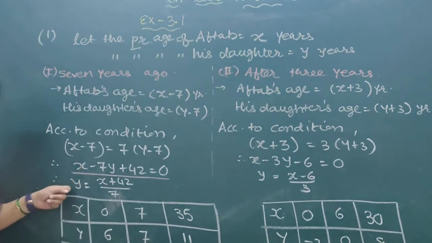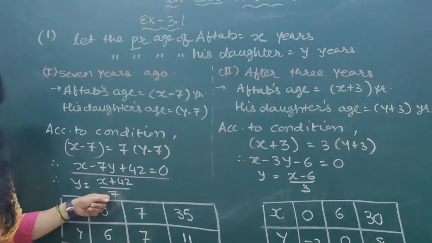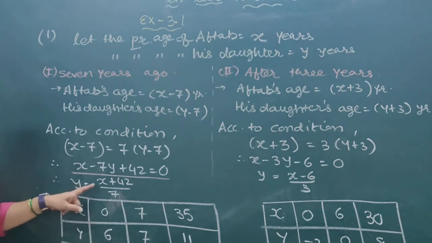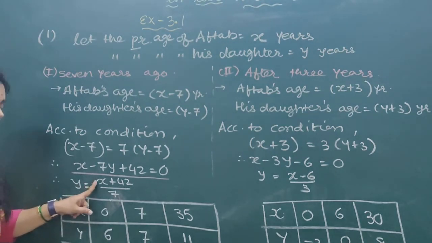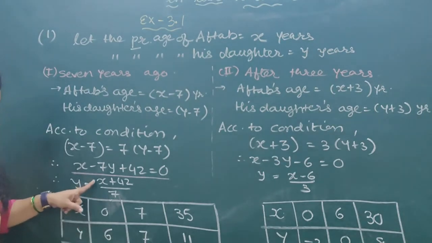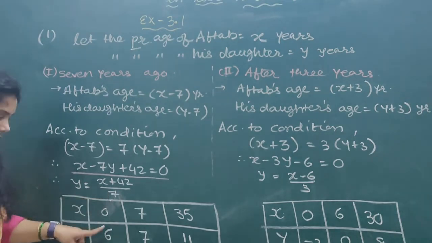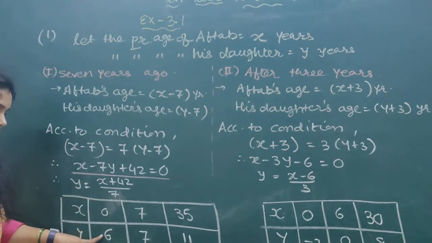So I take here y is equal to (x plus 42) by 7. And one more thing I want to tell you: choose the value of x smartly such that you can divide it easily by 7. So if I put 0, 42 is divisible by 7, yes, easily divisible by 7, so it is 6.